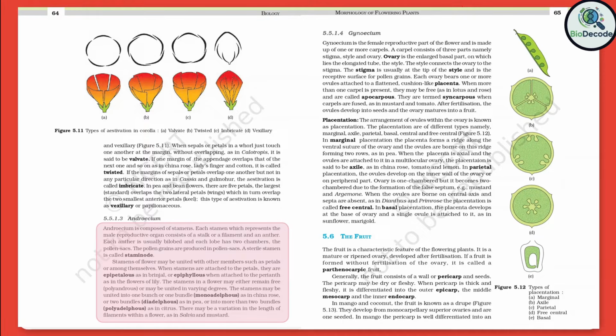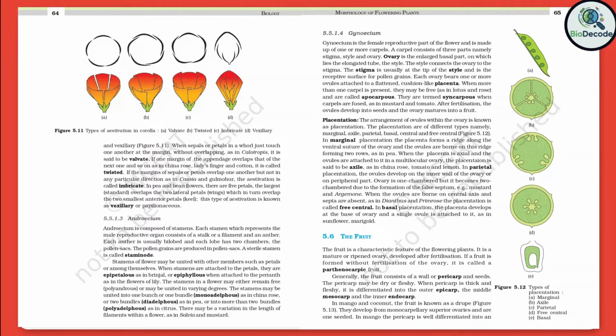The stamens may be united into one bunch or one bundle, monodelphous, as in China rose, or 2 bundles, diadelphous, as in pea, or into more than 2 bundles, polyadelphous, as in citrus. There may be variation in the length of filaments within a flower, as in salvia and mustard.